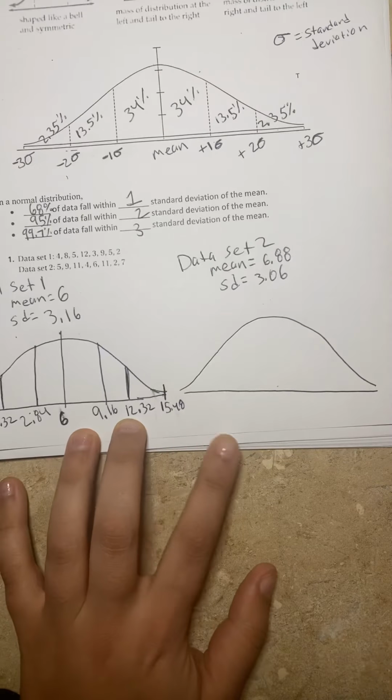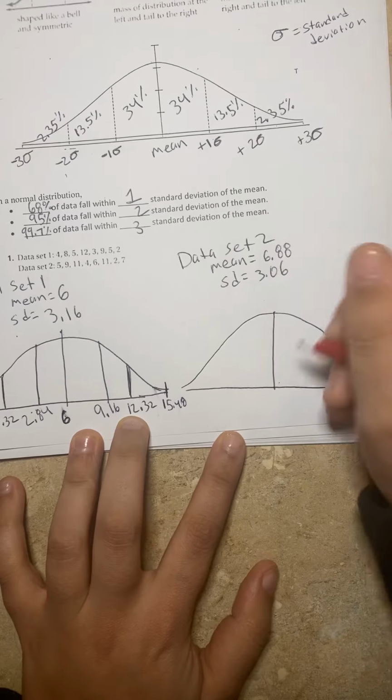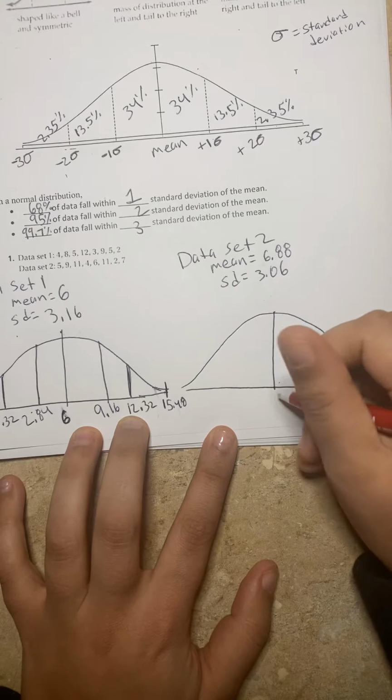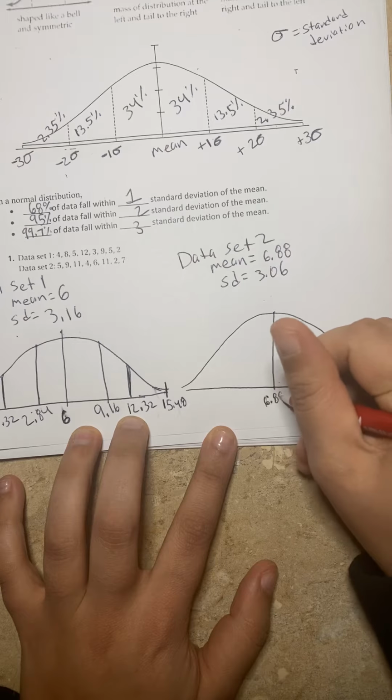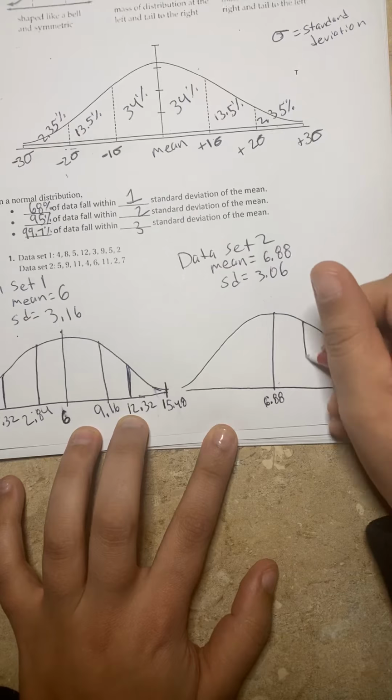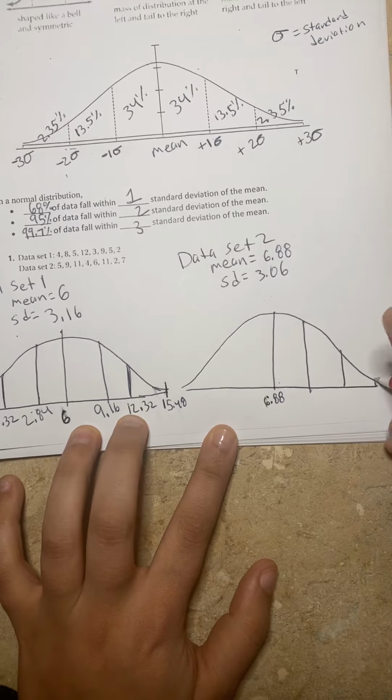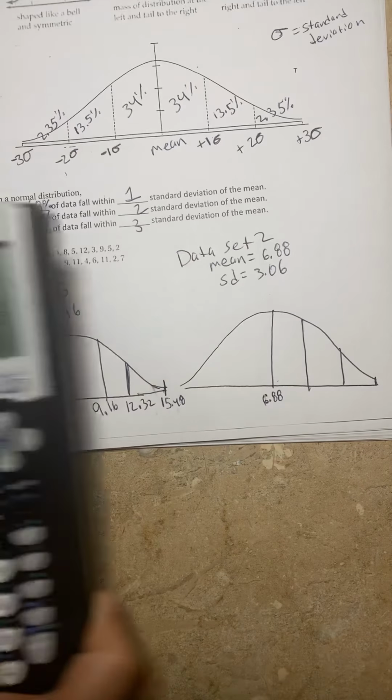Okay, so that means right here in the middle, we'll have 6.88. And then we'll add 3.06, 1, 2, and then 3 times at the end.